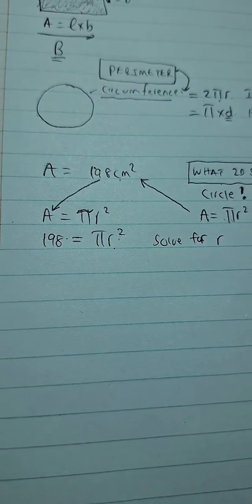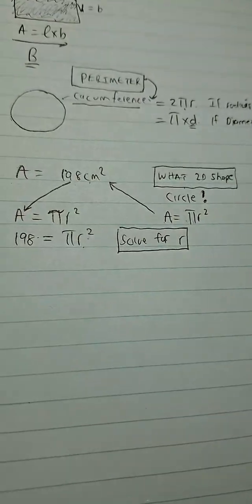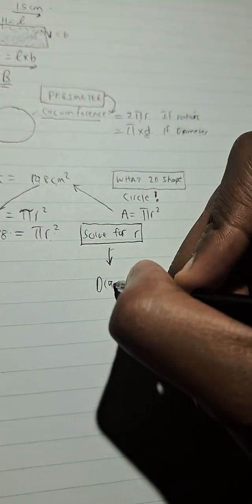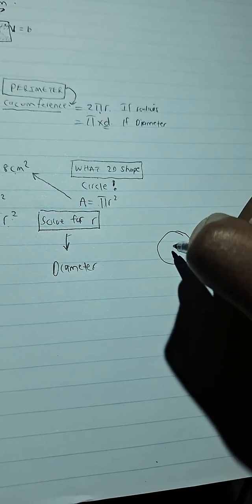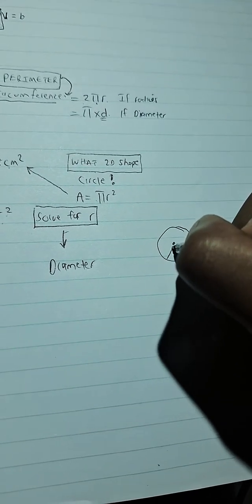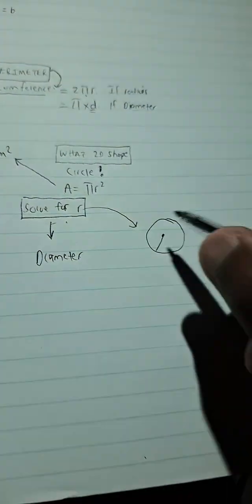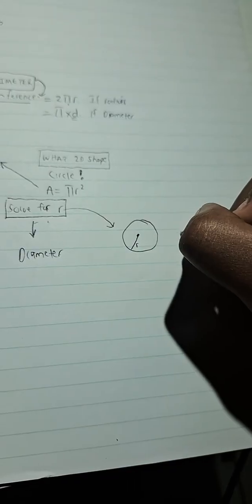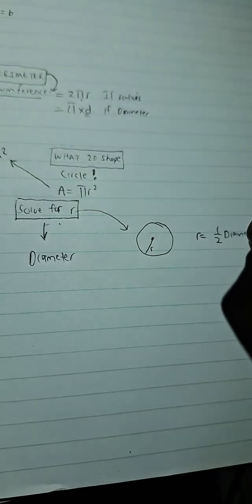What is the whole purpose of wanting to solve for r? It's so that we can eventually get the diameter. Because remember, in a circle, guys, the radius, or what we call r, is actually half of the diameter.